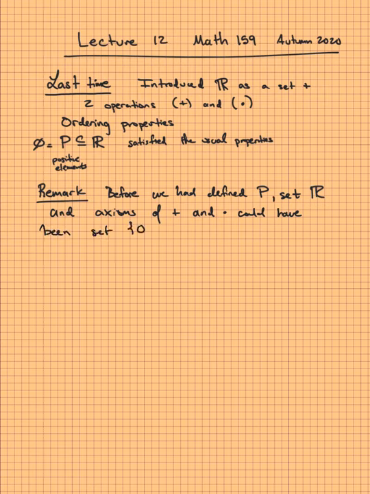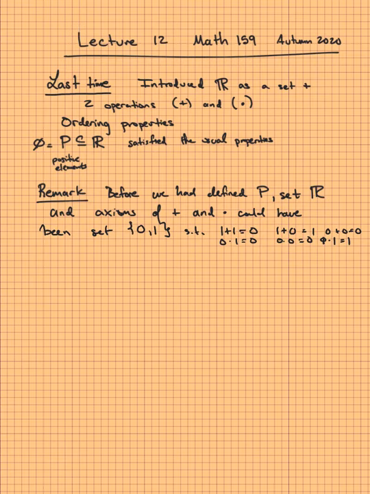So it could have been the set {0, 1}, so that 1 plus 1 is 0, 1 plus 0 is 1, 0 plus 0 is 0. Well, I guess I'll write it all out. 0 times 1 is 0, 0 times 0 is 0, 1 times 1 is 1.